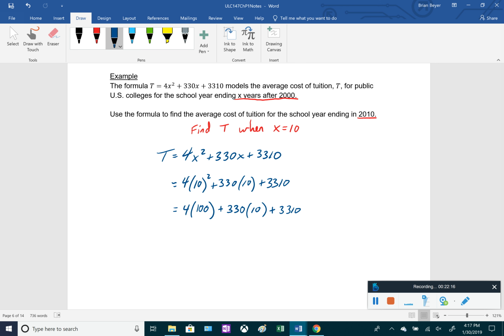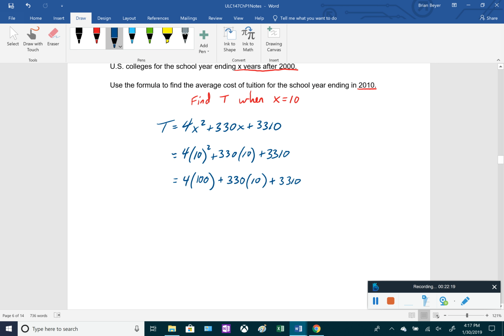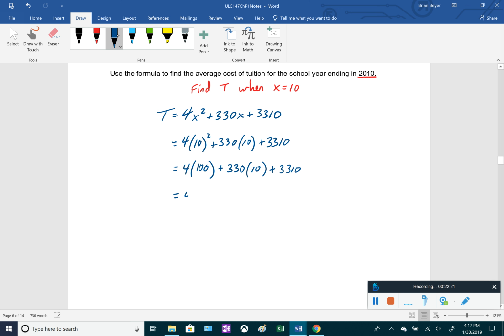So I'm going to do both of those multiplications. 4 times 100 is 400. Plus 330 times 10 is going to be 3,300. And lastly, we add them all together, and we get 7,010. So this means the tuition for the school year ending in 2010, based on this mathematical model, is going to be $7,010.